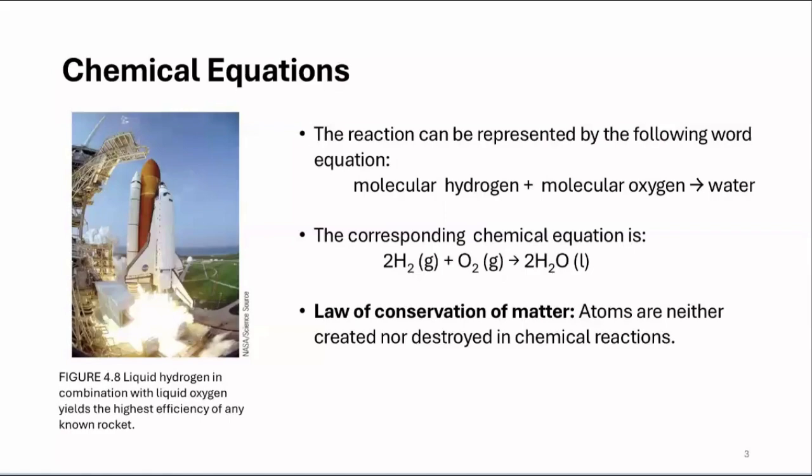When we are doing chemical reactions and we are writing them in the form of chemical equations, let's remember that we must always remind ourselves of the elements that are diatomics. Molecular hydrogen is expressed as H2. Molecular oxygen is expressed as O2.